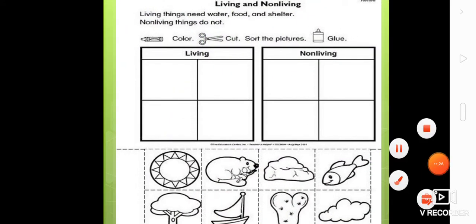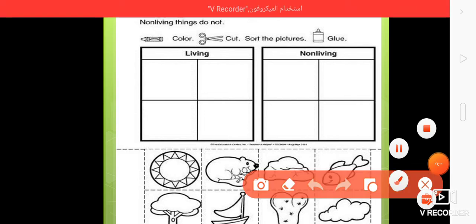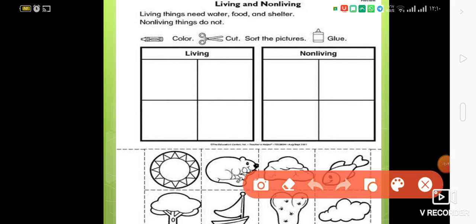Let's check if this pole is living or non-living. The pole is non-living, so I will draw it here, or write it. You can do either. The other one, the rat or a mouse. This mouse is a living thing, so I will draw it here.